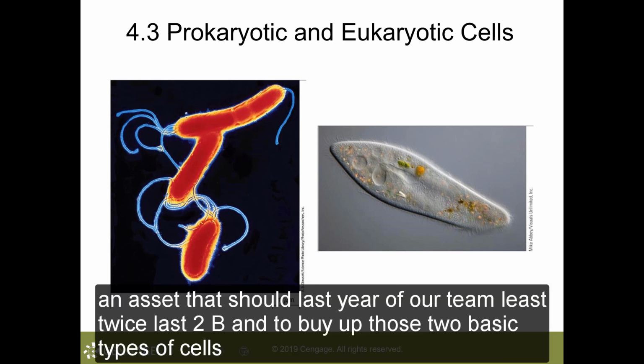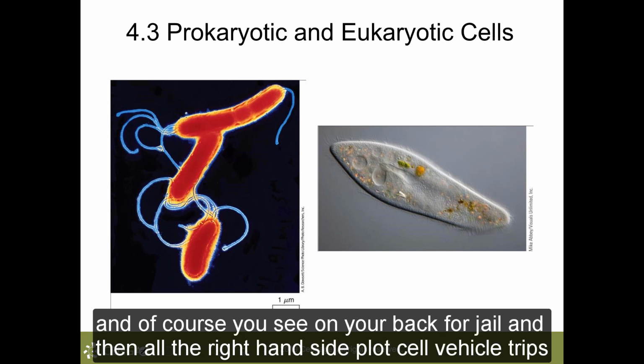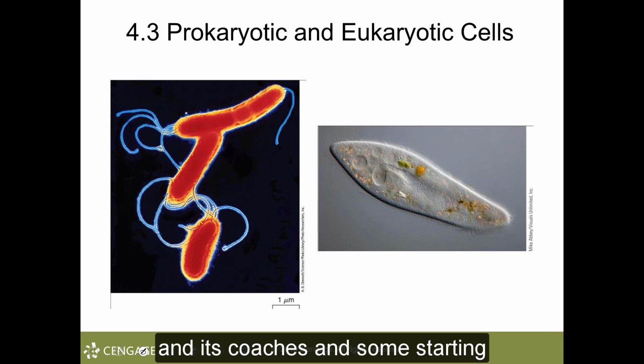That should be a quick and easy way to divide up those two basic types of cells. So here on the left is a prokaryotic cell. That's that typical bacterial cell, and, of course, you see right there that flagellum. And then on the right-hand side, that would be a protist, showing you an example of what a eukaryotic cell would look like.